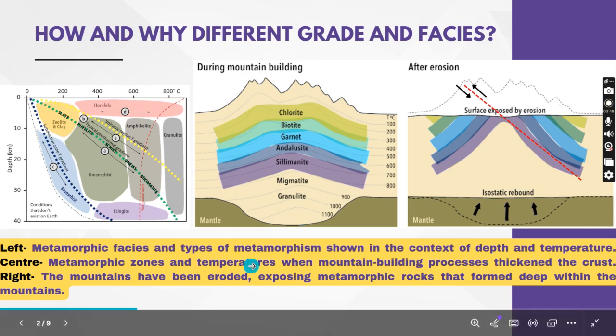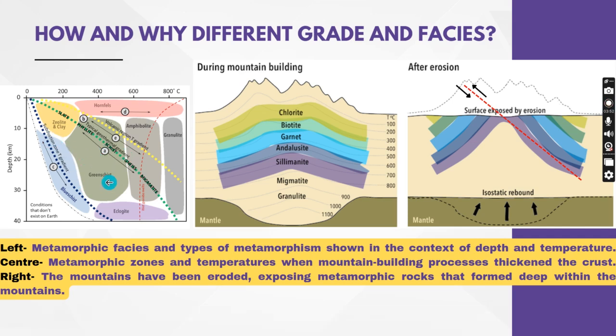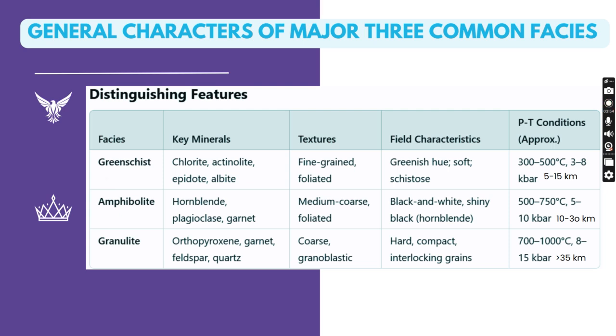I hope you know the metamorphic facies, and I have discussed them exclusively earlier as well. So, the general characters of the three major common facies. See, in the metamorphic facies diagram, you might have seen many facies: low grade, high grade, moderate grade.